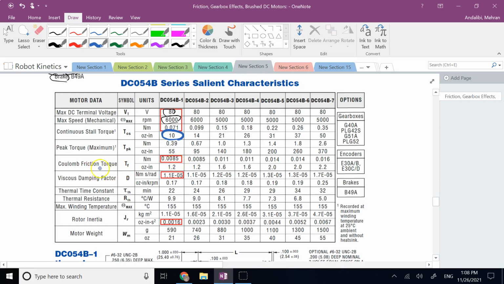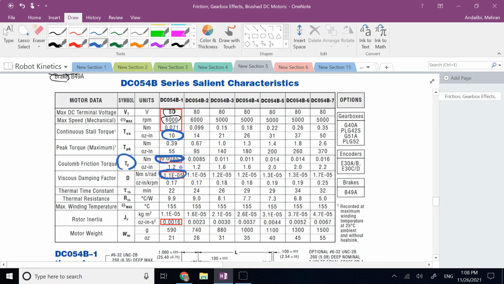Then you have the Coulombic friction torque, tau F. So it directly gave you the Coulombic friction torque, right? So it directly gave you the mu s times N times R. So it gave you the whole torque due to Coulombic friction. It also gives you the viscous damping factor, the B. This is B of the motor, right?